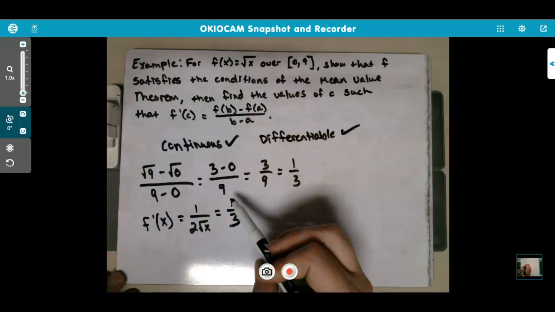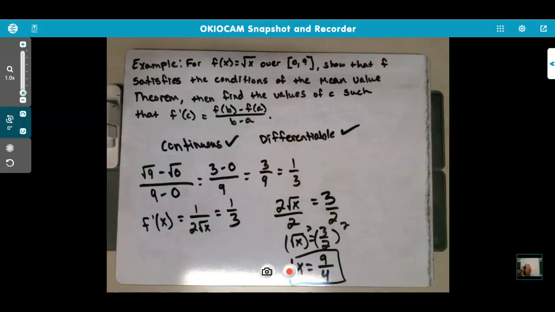I can solve that by dividing by 2. Square root of x equals 3 over 2. I have a square root, so square both sides. 2 squared is 4. So at x equals 9 over 4, the derivative at that point is the same as the slope of the straight line between x equals 0 and x equals 9. Those are going to be the same.